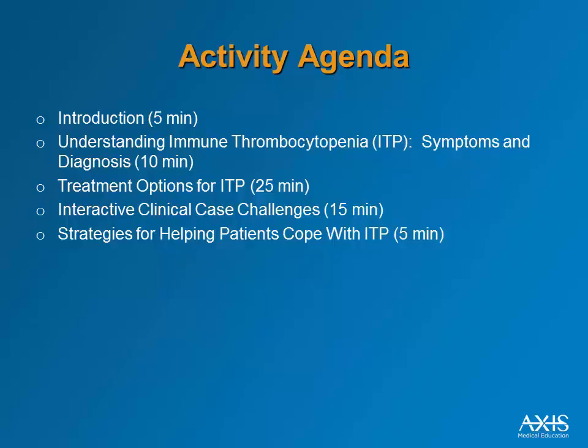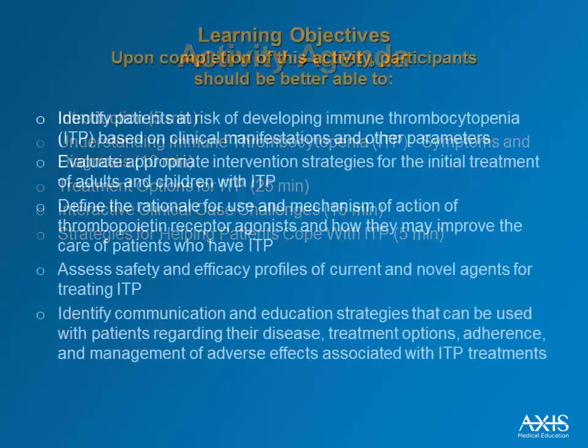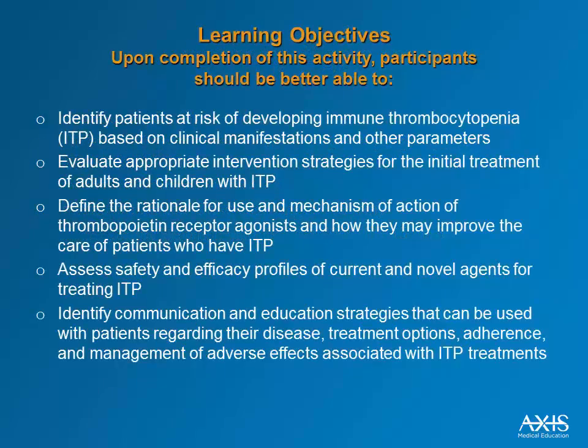And finally, we're going to finish up with a brief discussion of strategies by which we can help patients deal with their ITP. We've identified a number of learning objectives which we hope we will achieve during the course of the program. They all relate to various facets of ITP and to some extent match up well with the agenda that we just reviewed.